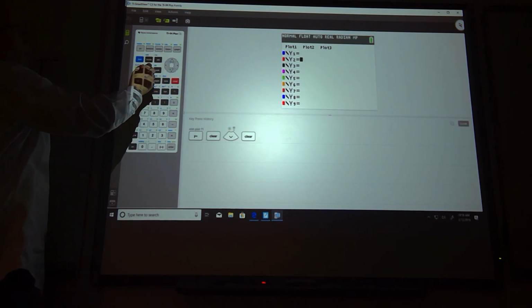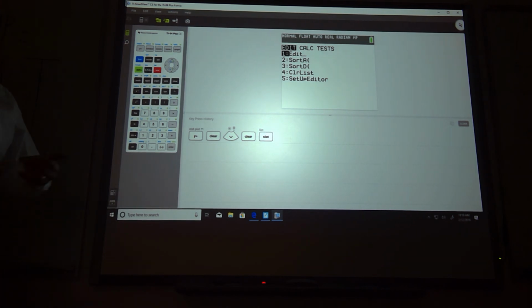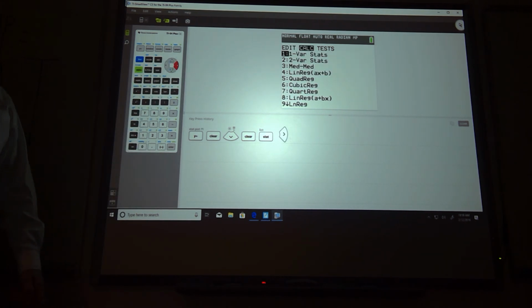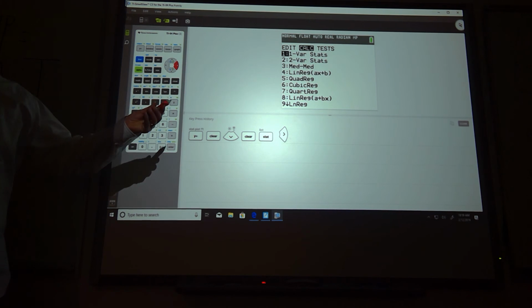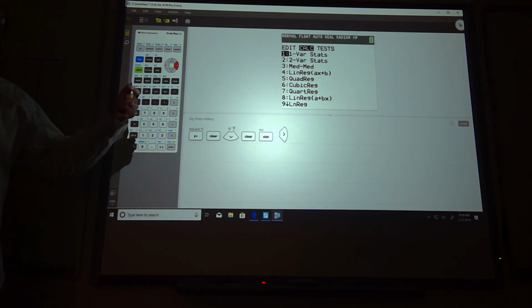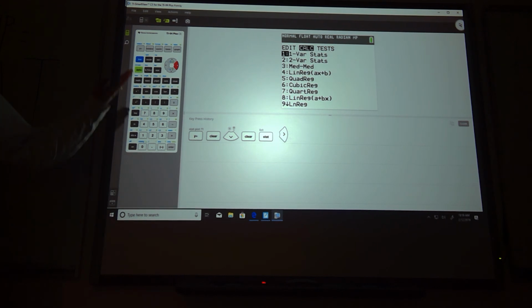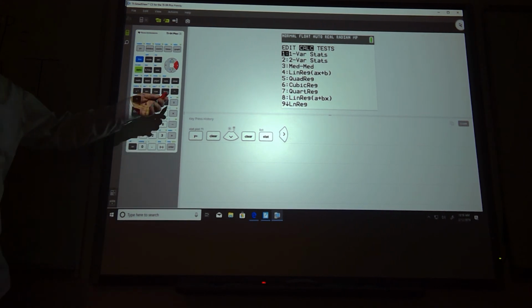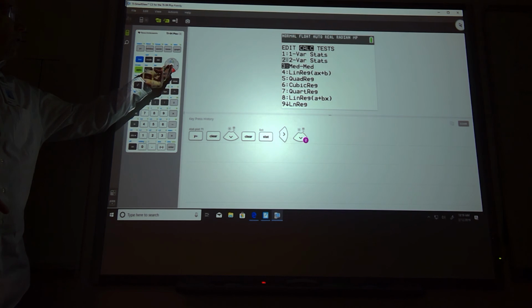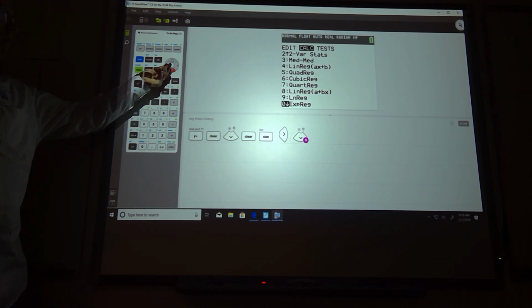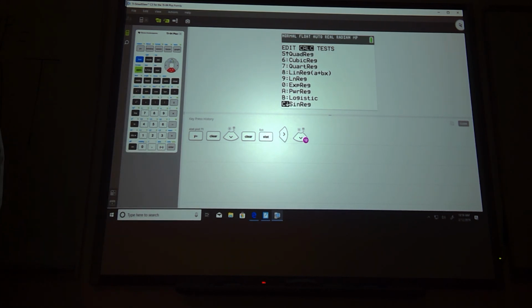So once you plug your stat plots in, remember under calculate we have linear regression, or if it's a line, quadratic if it's a parabola, cubic if it's third degree, quartic if it's fourth degree, and then natural log regression. Well, if you go down this list, natural log regression, exponential, power regression, logistic, look what that says.